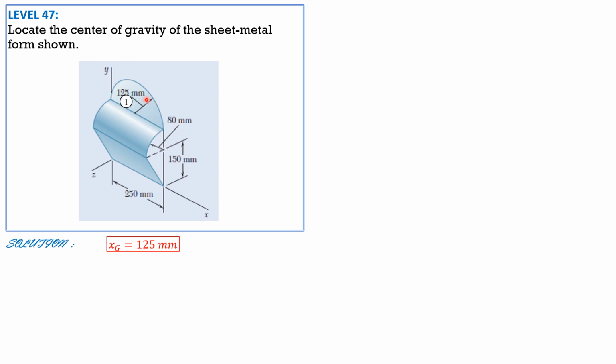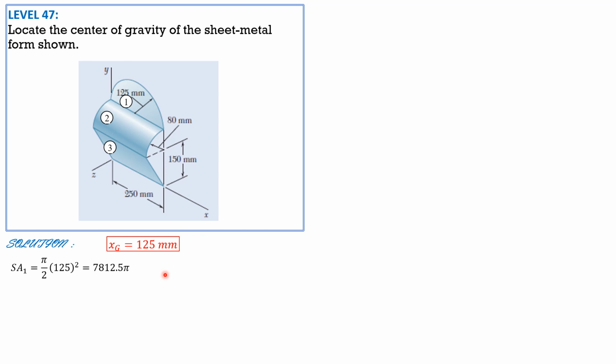So call this element 1, element 2, element 3. Element 1, the area is the area of a semicircle, pi over 2, 125 squared. So the surface area 1 is pi over 2, 125 squared. It is 7812.5 pi.